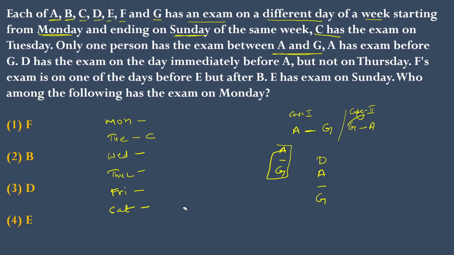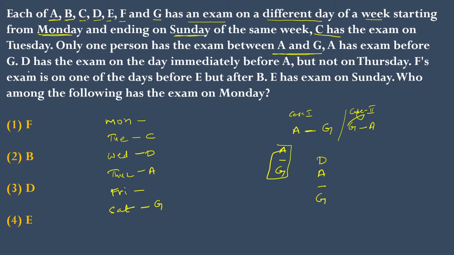So D can only be on Wednesday. If you write D on Wednesday, A will come on Thursday, so only one person is between A and G. Right, next.